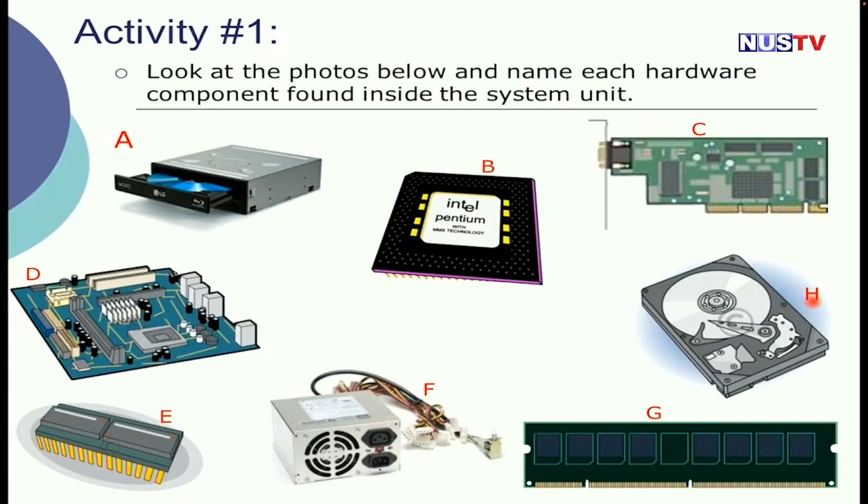Excellent job, students. You guys were great. Now let's go over the components and I want you to check your paper as we show the different component parts. Okay, A is CD, DVD drive. B is CPU or central processing unit. C is video card or VGA.